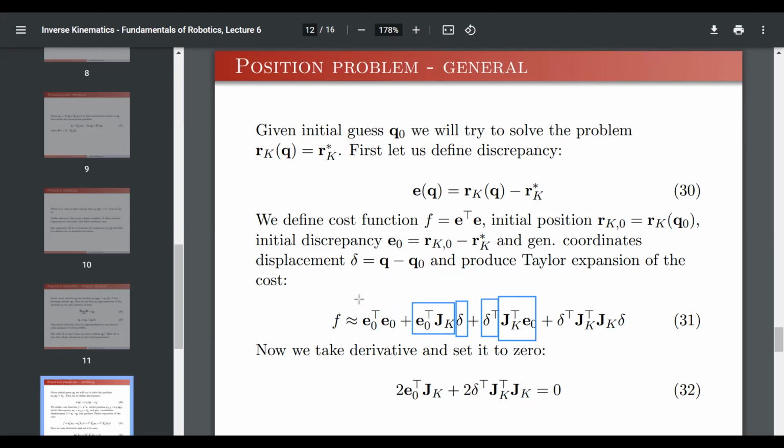Okay, so this was the constant term. Those are linear terms. Next, we'll get the quadratic term. This is the second derivative of f, and it is multiplied on the left and on the right by Q minus Q0. Again, if you don't remember Taylor expansion, you can look it up in multivariable calculus. You need the multivariable Taylor expansion, not the single variable one.